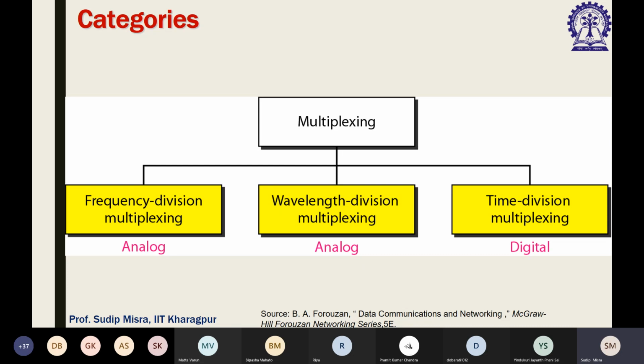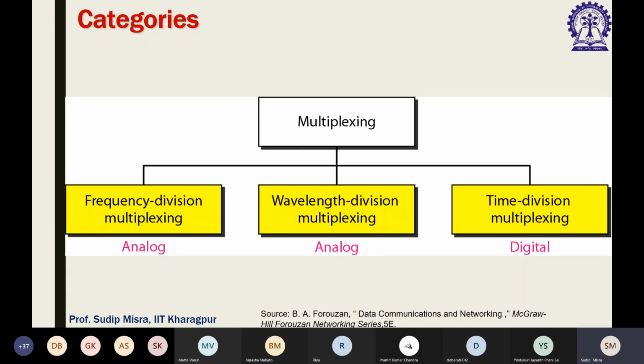The first two, frequency division and wavelength division, have a lot of commonality between them, because wavelength and frequency are interlinked.